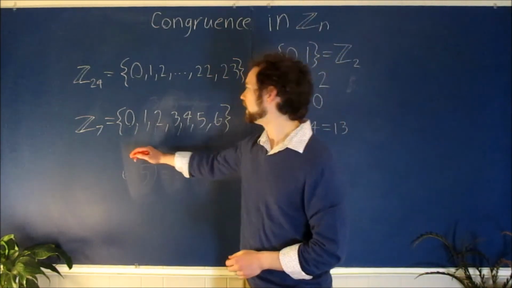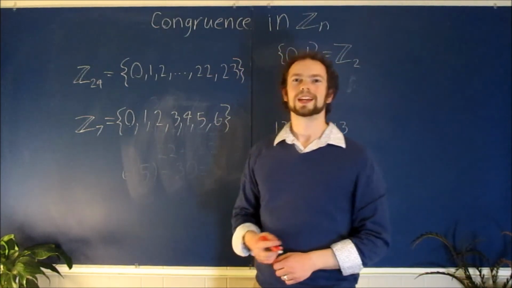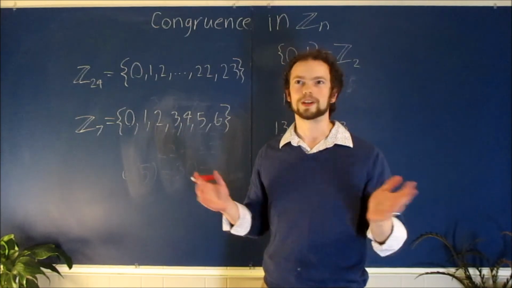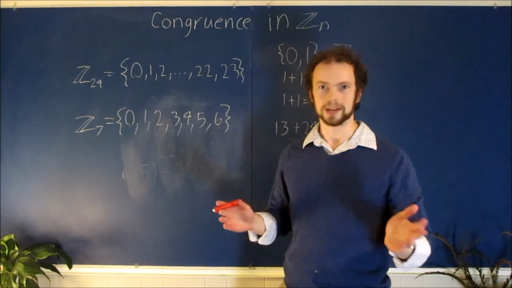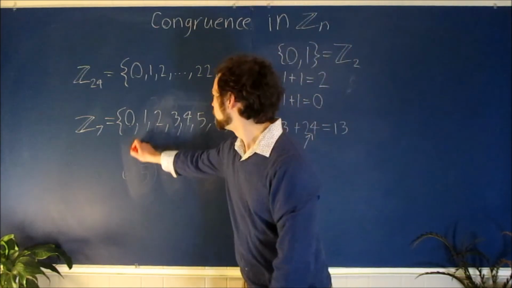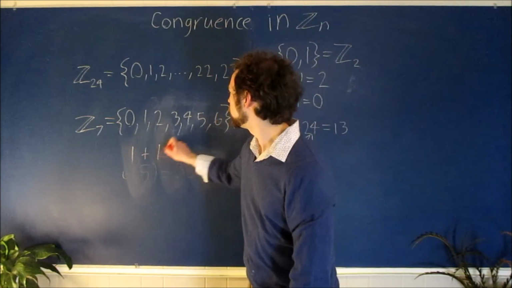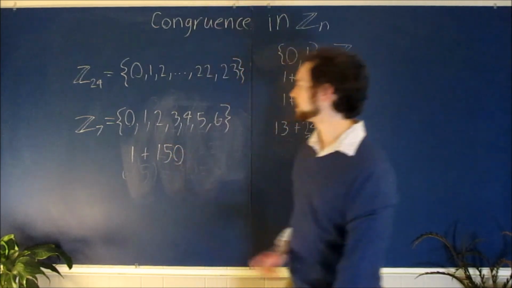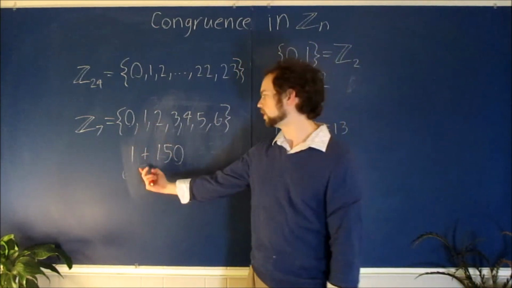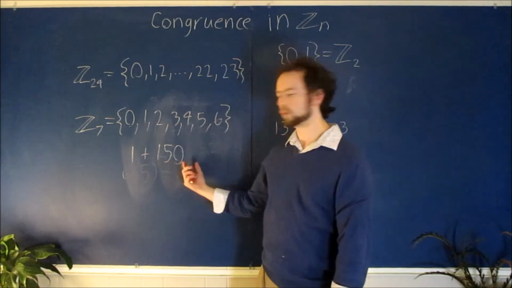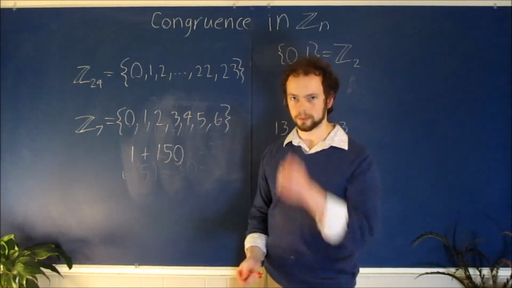That you might see in puzzle books or something. If it's Monday today, and you wait 150 days, what day will it be? Well, we could set up 1 plus 150, because we're starting with Monday, and we want to know what day will it be 150 days from now.